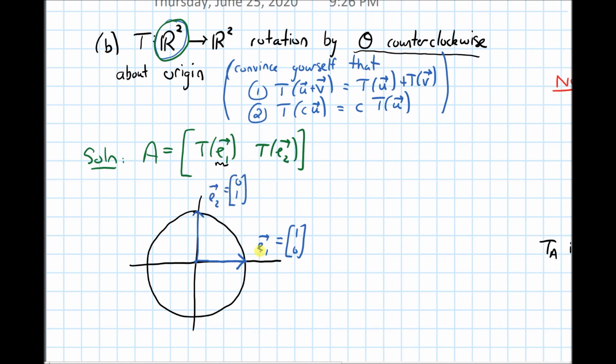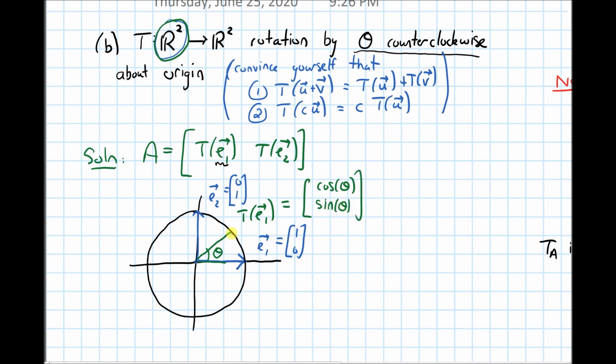Now let's rotate both of these vectors by an angle of theta. First I'll rotate E1. If I rotate it by theta, I get T of E1. That's what T of E1 represents. Based on the unit circle, I know the x-coordinate is going to be cosine of theta and the y-coordinate is going to be sine of theta.